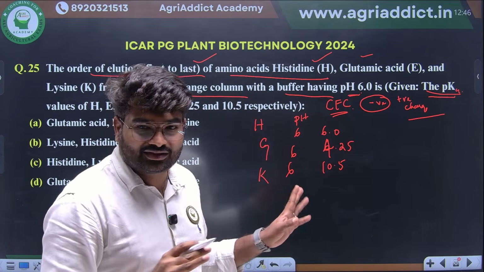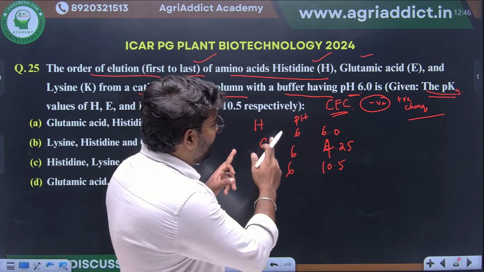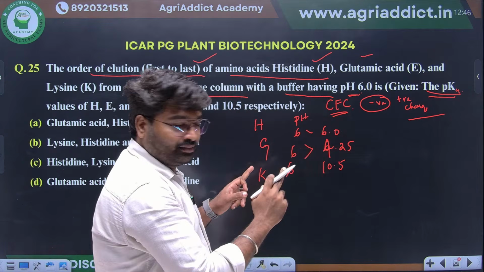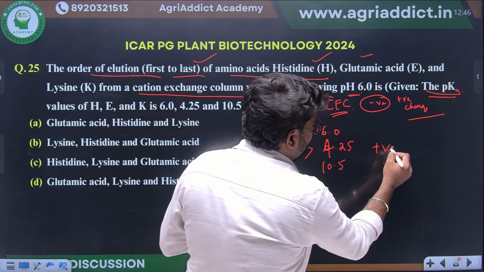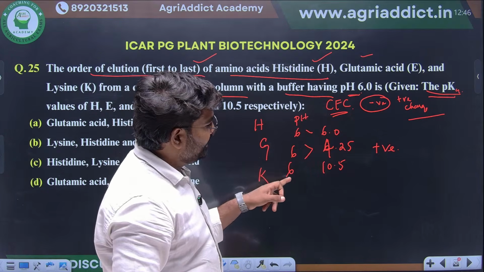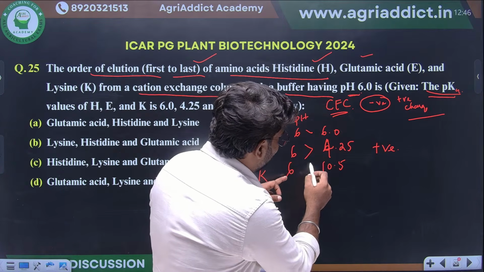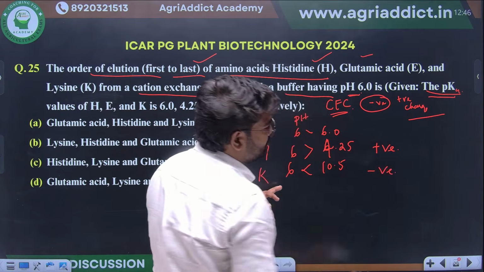They have asked this question. If pH is greater than pI, that molecule will have a positive charge. If pH is less than pI, that will have a negative charge. This is clear.